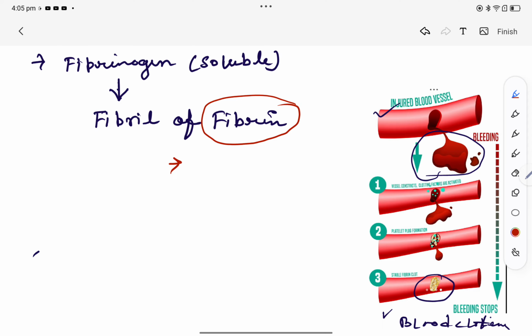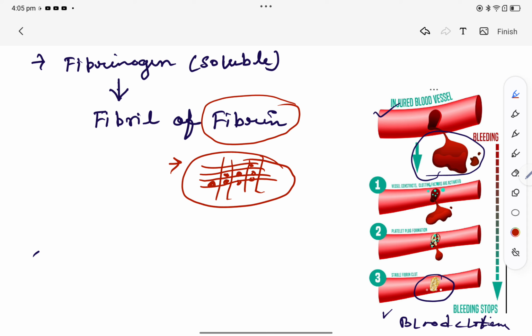It forms a very fine mesh-like structure. And inside this mesh, other blood cells are trapped. And this mesh clogs the opening of the wound. Now this fine mesh of fibrin protein fibrils clogs the opening of the wound.